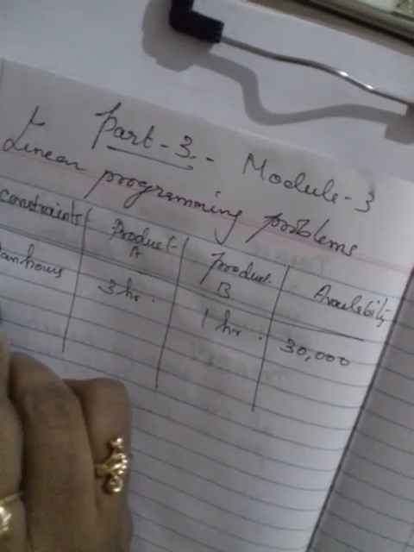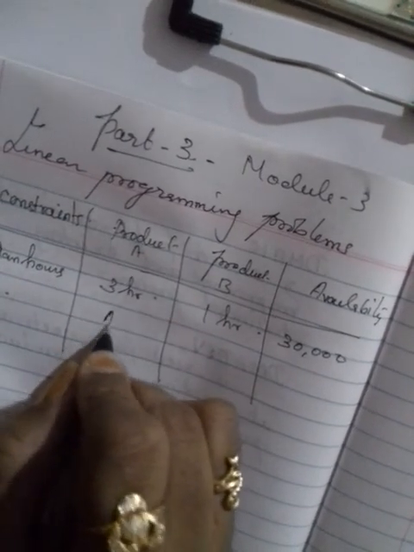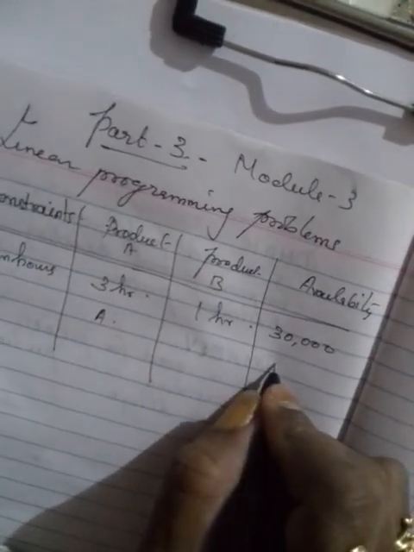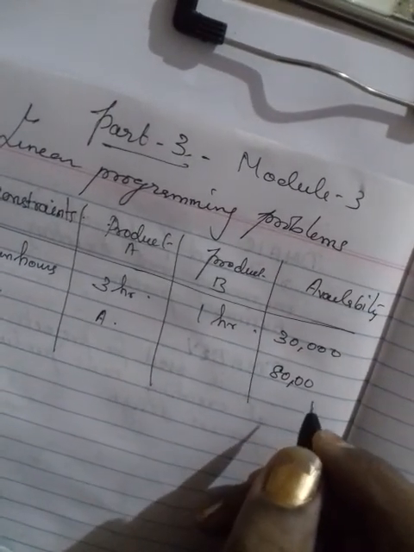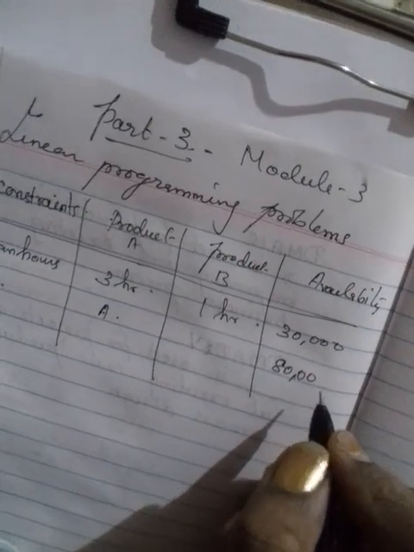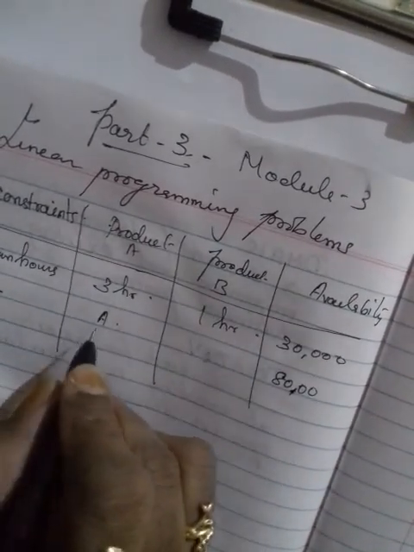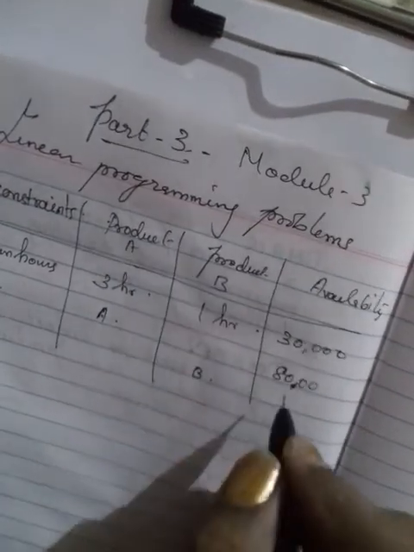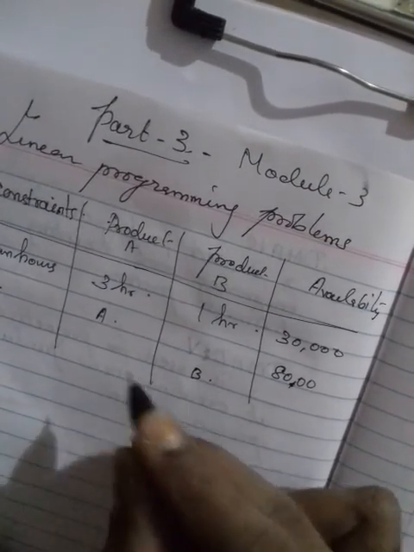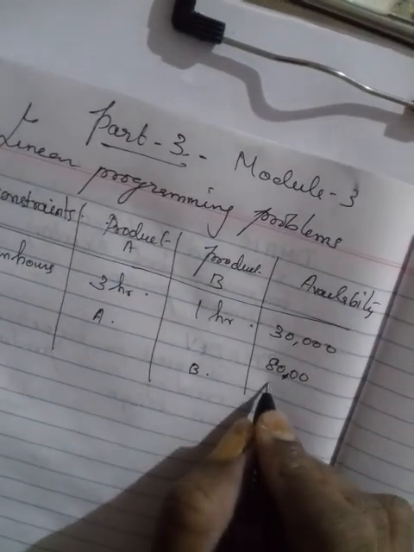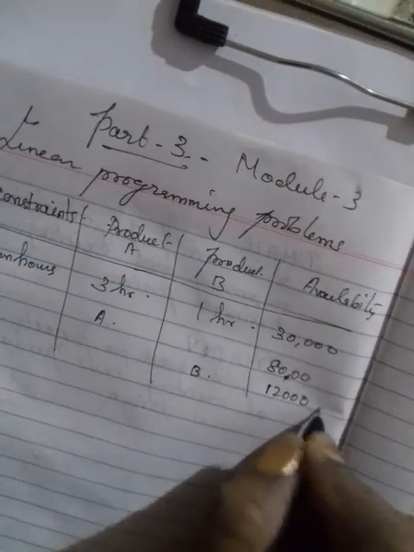Then the second one is given for product A: 8,000 units they have to sell for product A. For product B they didn't give it like that, so you have to write down only A and B. For product B the limit is 12,000 units.